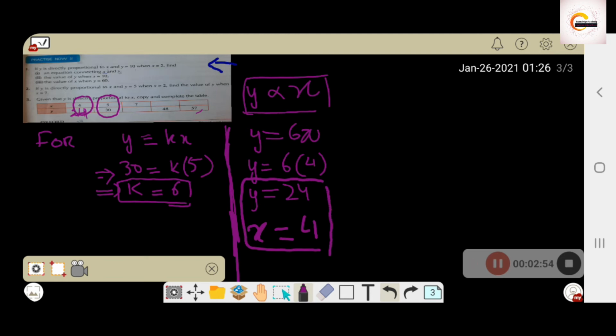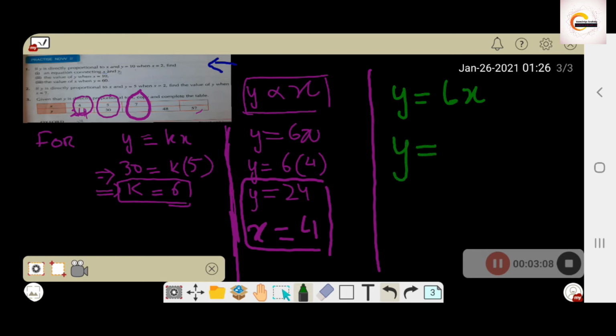Okay, now 7. y is equal to 6x, y is 6, and the value of x is 7. Now y is 6 multiplied by 7 is 42. So y is 42 when x is 7.